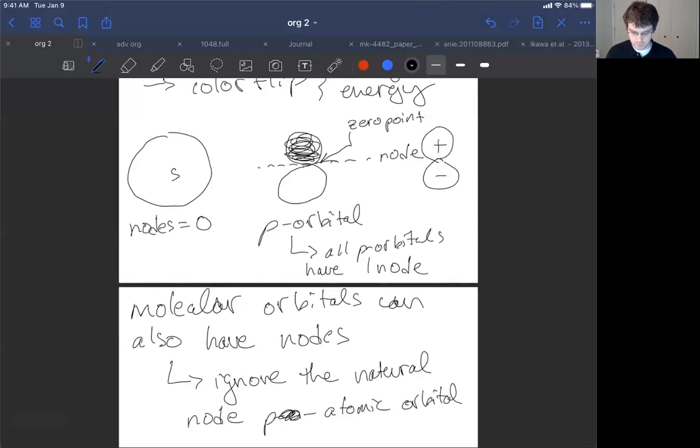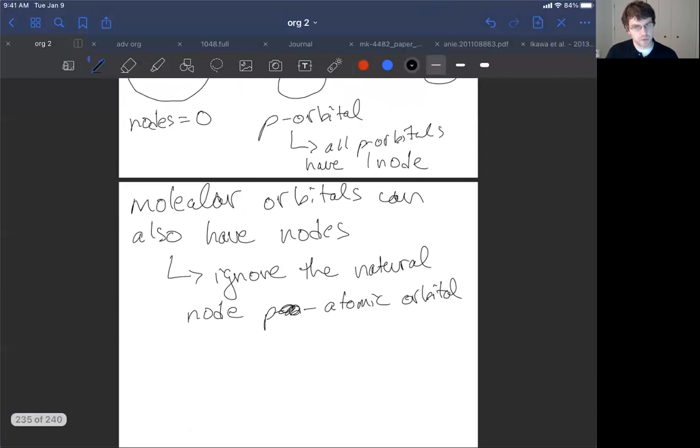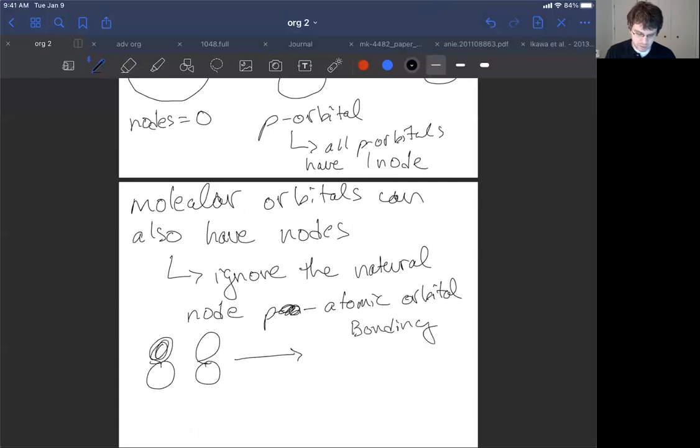Okay. So what we can do when we construct a molecular orbital is we can take two p orbitals and we can mix them together to make a bonding and an anti-bonding orbital. When we do the bonding orbital, we're going to have the lobe shadings match up top to top and bottom to bottom.